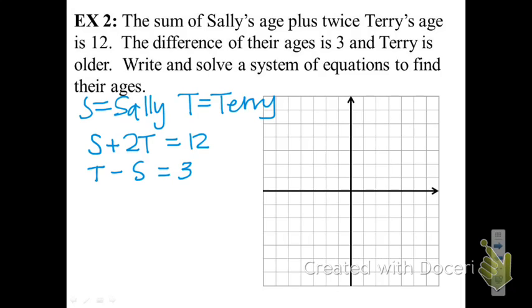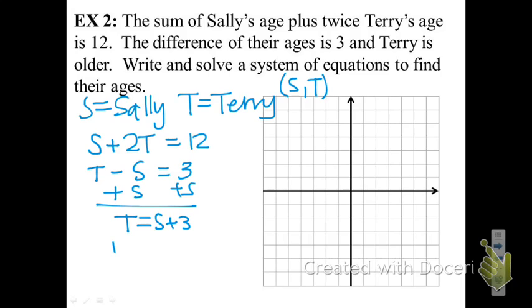From here you're going to graph this. Now I like to think of my ordered pair in alphabetical order, so it would go S, T, and that would make T represent the y-axis or the y variable. So in each of my equations I'm going to solve for T. So I take the second equation. To solve for T, you're going to add S, and you get T equals S plus 3.